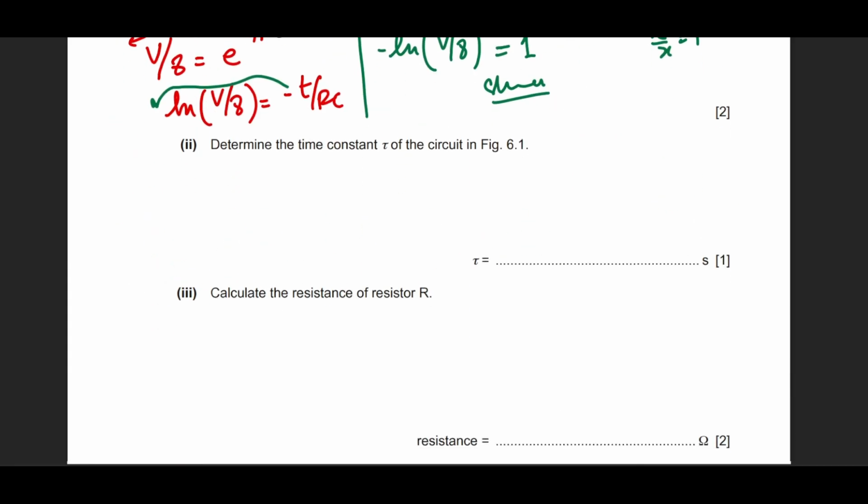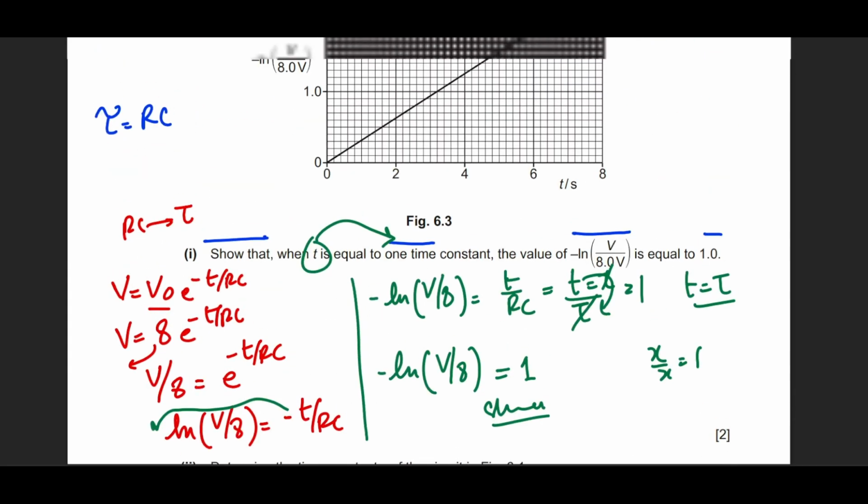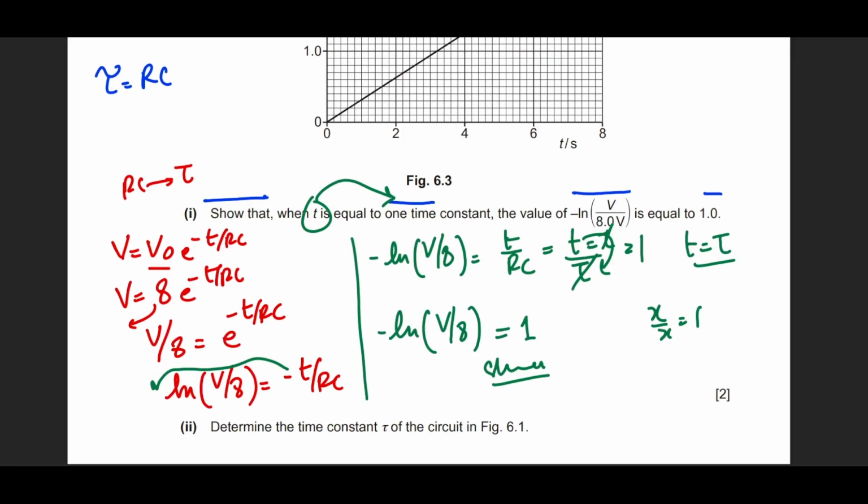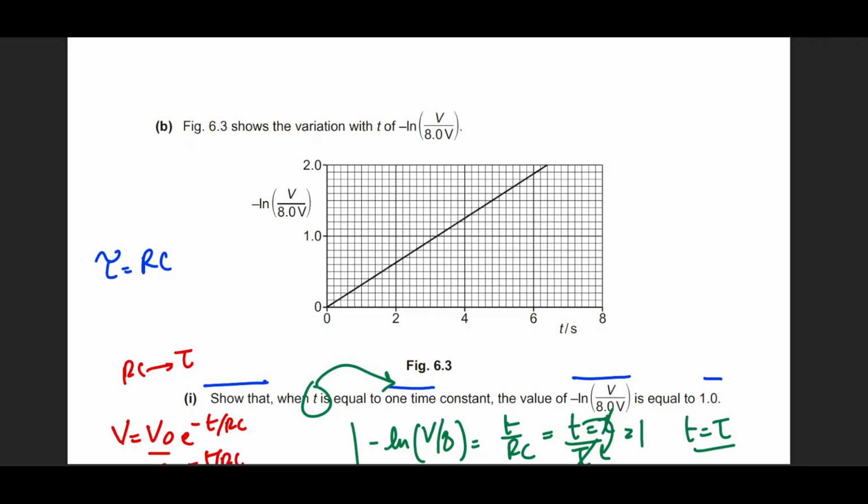The next step, he says, determine the time constant from the graph. No problem. So we understand that the value of ln V by 8 will be 1 if t is equal to tau. That was the condition, right? So if I go back to the graph, at this location, I realize that this value should be 1 only when I put such a time that is equal to the time constant.